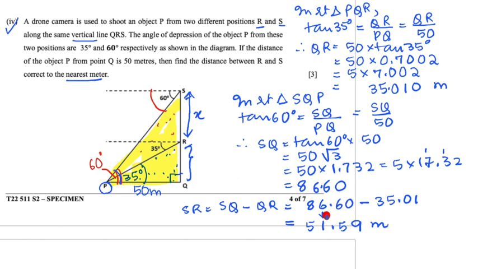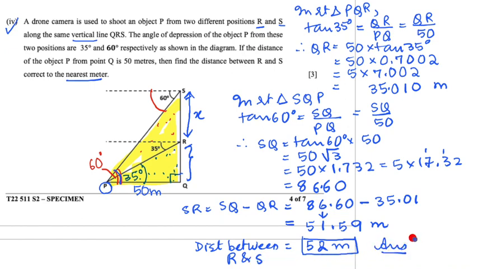Nearest meter means put one arrow here and we want this to be rounded off. Look at the next digit. This is 5. So 5 and more than 5 will round this off to the next digit. So it will be 52 meters. Now what is this SR? That is the distance between R and S. So we will write here: distance between R and S is equal to 52 meters to the nearest meter.